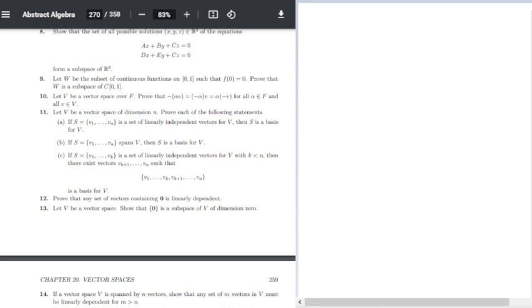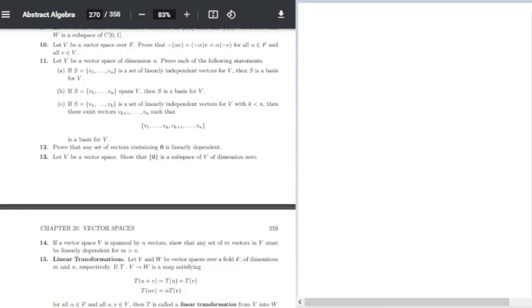Let V be a vector space of dimension n. For each of the following statements, if S is equal to v1 all the way to vn is a spanning set for V. So if dimension n, what I'm thinking is, first of all, we'll do this.